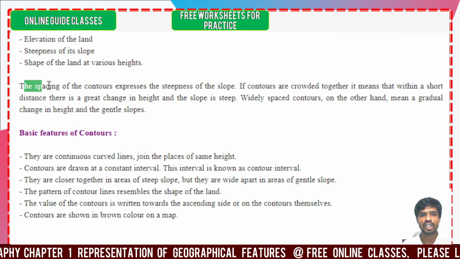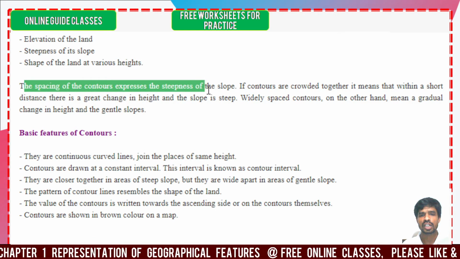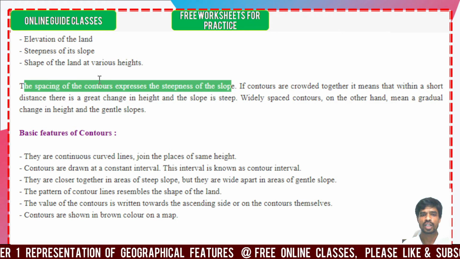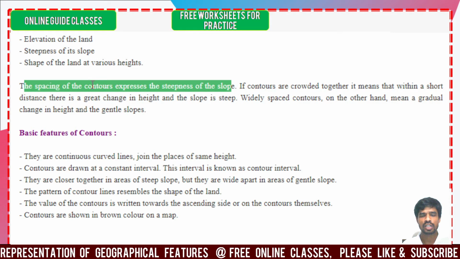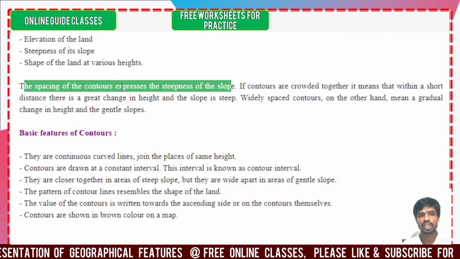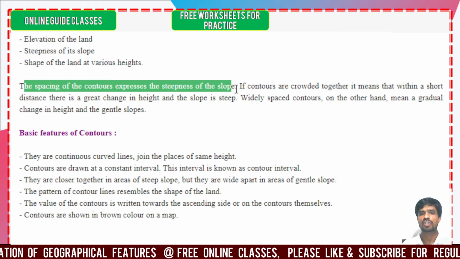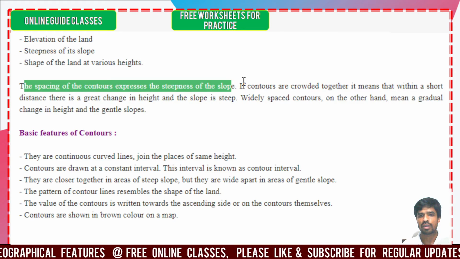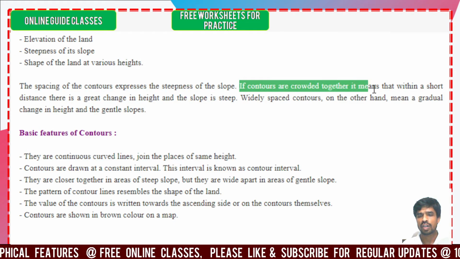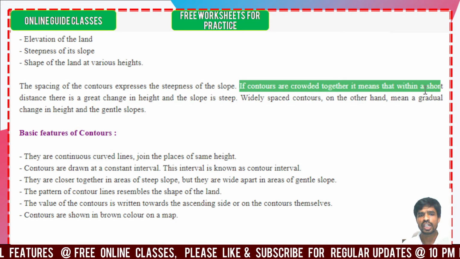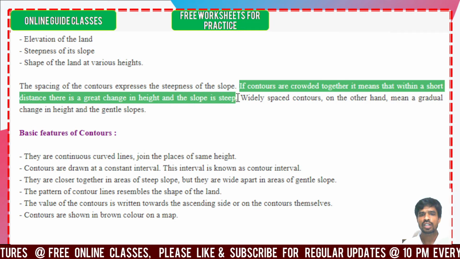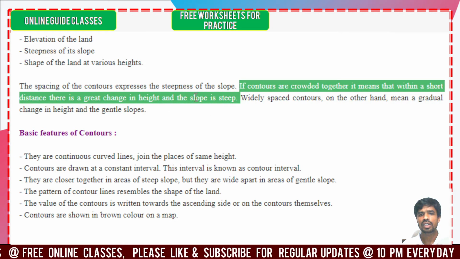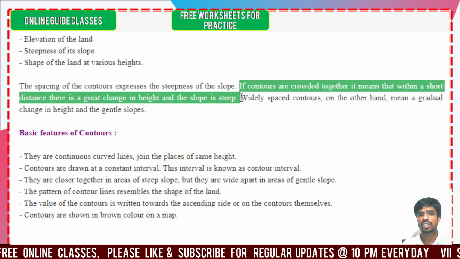The spacing of the contour lines expresses the steepness of slopes. If there is a space in the contour lines, it gives the steepness of the slope. If contours are crowded together, it means within a short distance there is a change in height and the slope is steep.